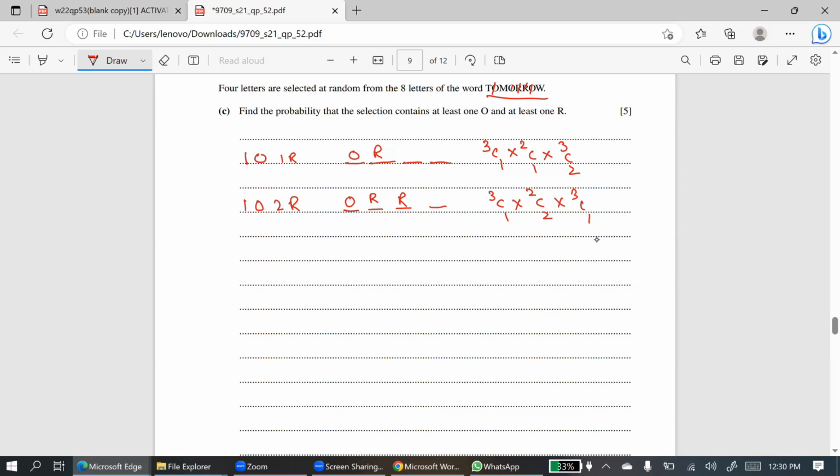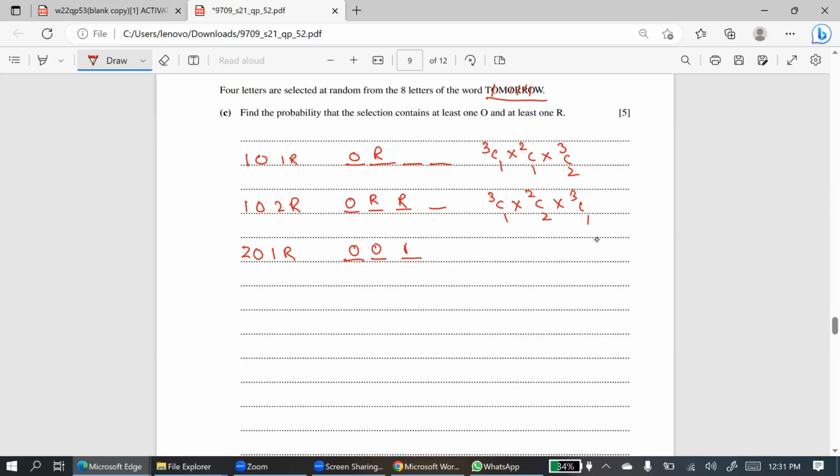Now, the next case is 2 O's and 1 R. Out of 3, we will select 2 O's. Out of 2, we will select 1 R. And out of 3, we will select one other letter.